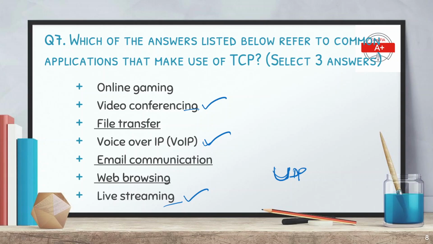Again, in online gaming, we don't need a connection-oriented platform, since we can tolerate the loss of a packet or two along the way. While in file transfer, email communication, and web browsing, we cannot tolerate even a single packet loss, because our whole information will be corrupted.